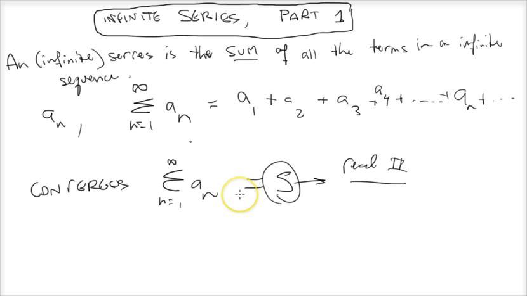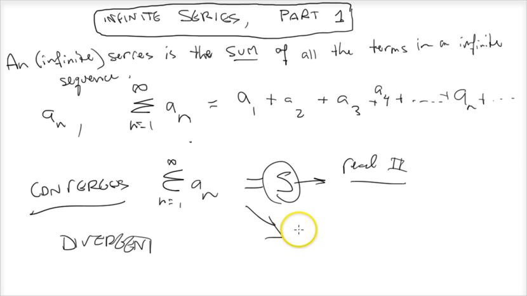So basically, a convergent series is a series that adds up to something real, and a divergent series is one that instead equals some non-computable form, some indeterminate form, or it equals plus or minus infinity.